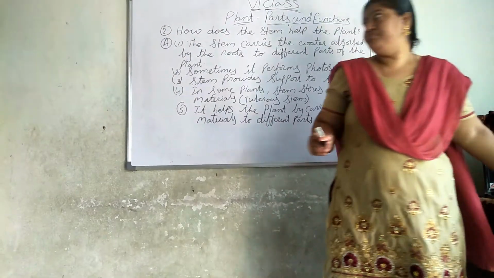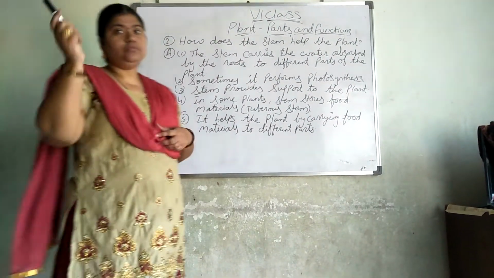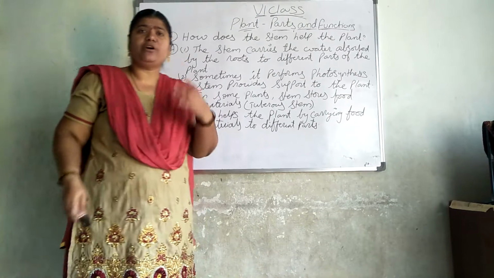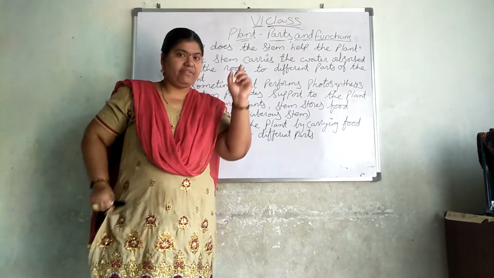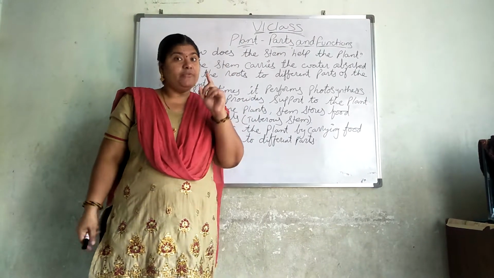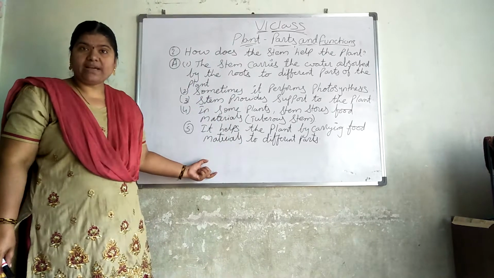So just see here. How does the stem help the plant? When we discussed the different parts of the plant and the different parts of the leaf, that was an 8 marks answer, where you have to explain the parts with a diagram. Now this is a 4 marks answer.